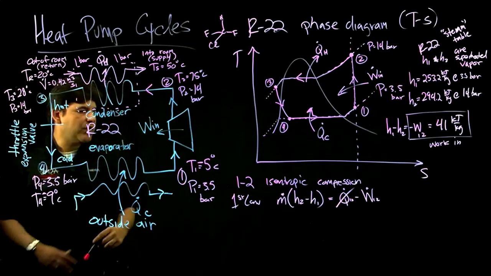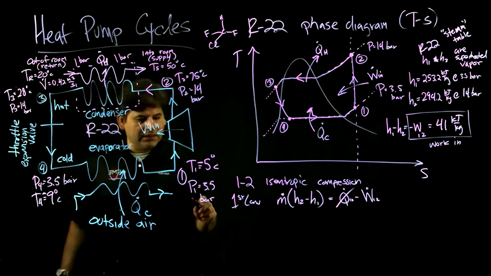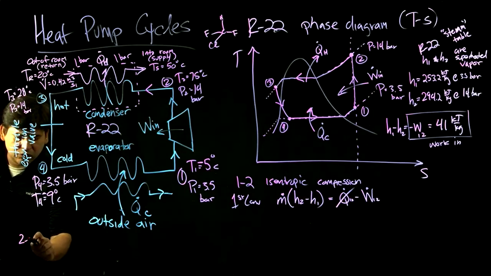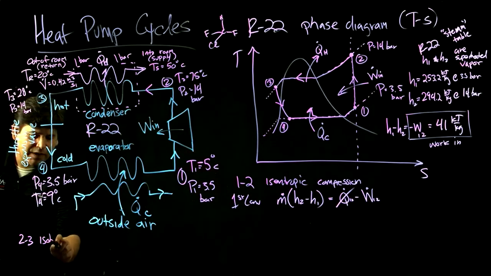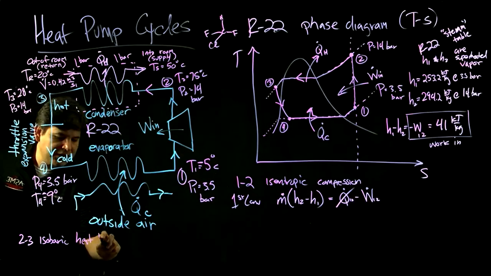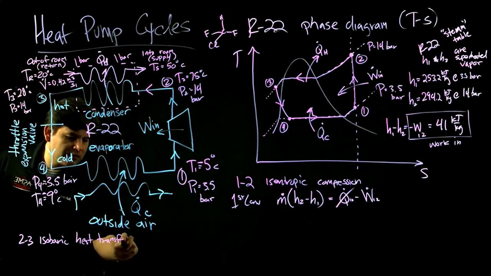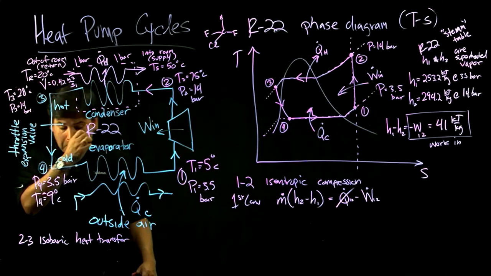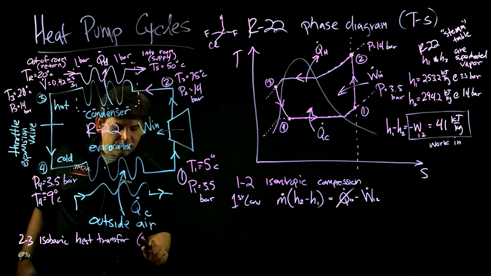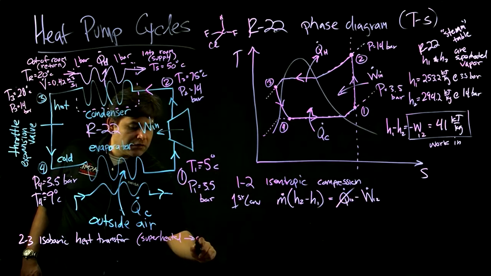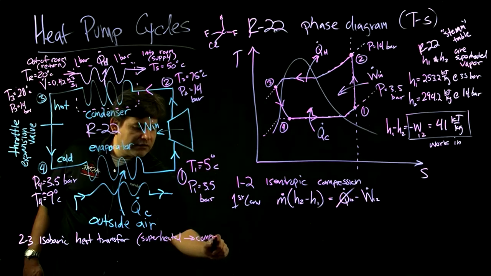And so there, the 2 to 3 would be an isobaric heat transfer from the refrigerant being superheated to compressed liquid.